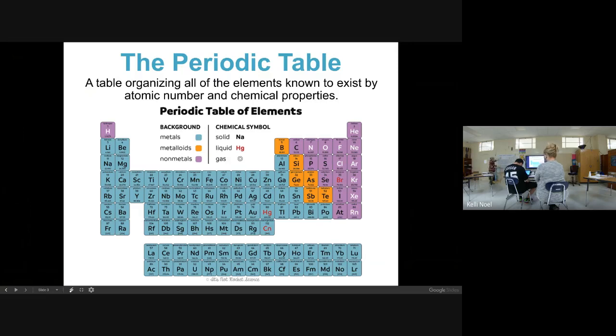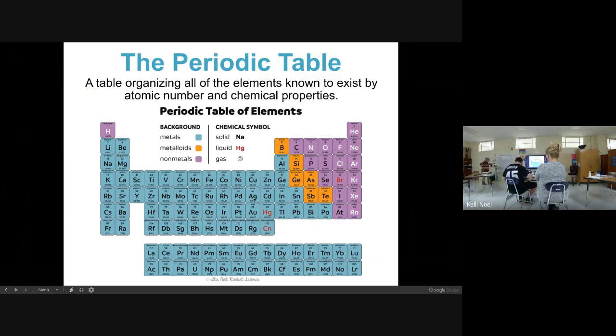All right, so on here, we have a key for the coloring of the symbols. Gray is solid, blue is liquid, red is gas, and if it's just outlined, these are synthetic, which means man-made. We have these color codes around it so that it tells you if they're noble gases, non-metals, light metals. This one's broken it down into different types of metals.